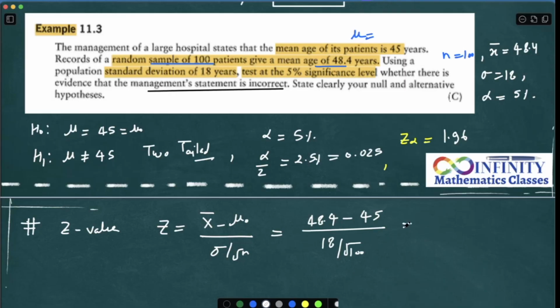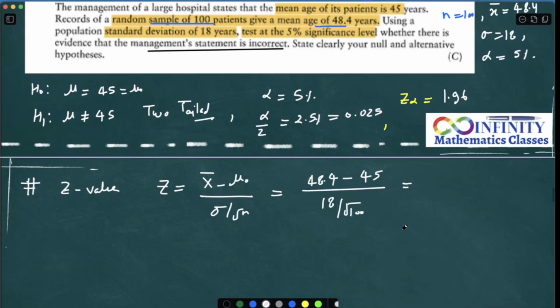Can you use your calculator and tell me the value? So it would be 3.4 divided by 1.8, since 18 divided by root 100 is 1.8. It comes to 1.88.